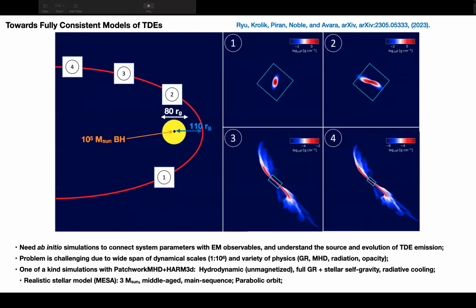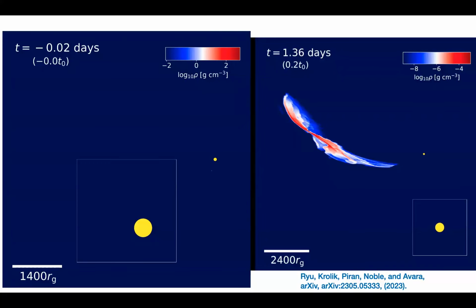You can also in Patchwork solve different physics. So in the tidal disruption problem, you want to include the self-gravity of the star on its patch so that the star just doesn't puff up and blow away. So you can do this with Patchwork.